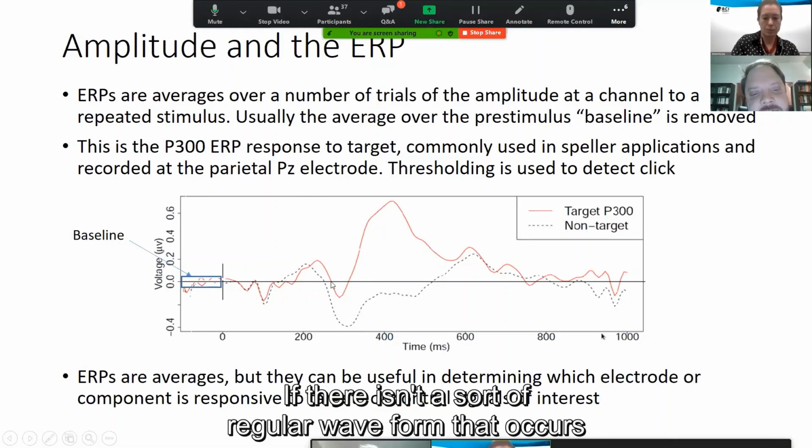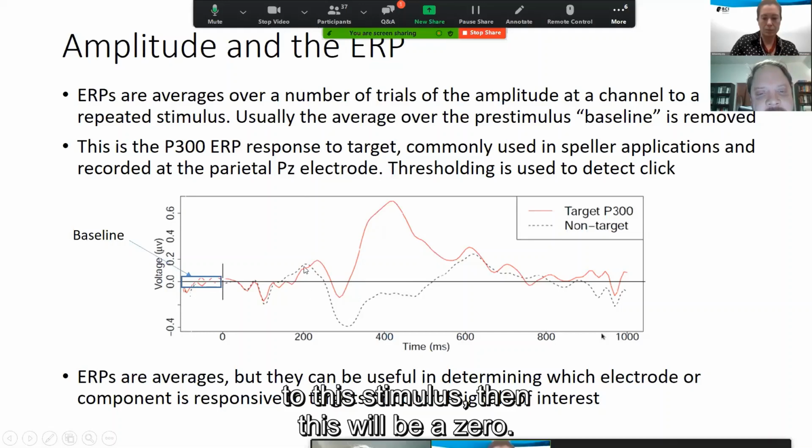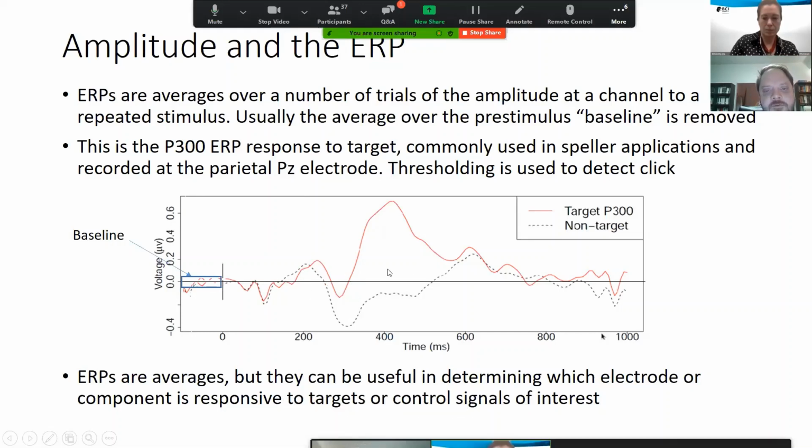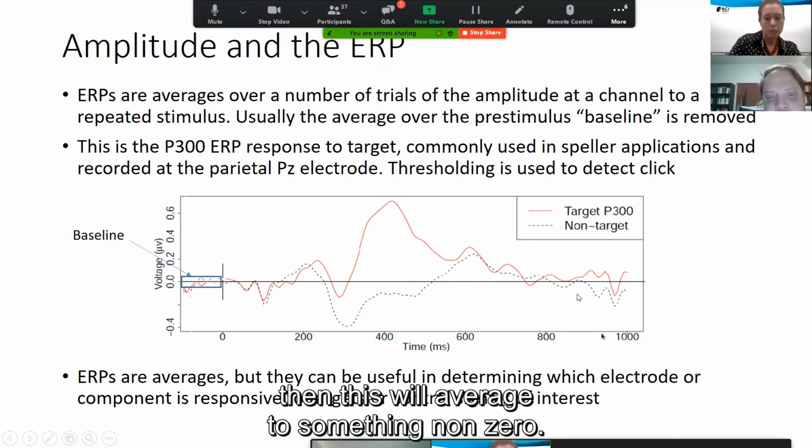If there isn't a regular waveform that occurs to this stimulus, then this will be 0. But if there is one, then this will average to something non-zero.